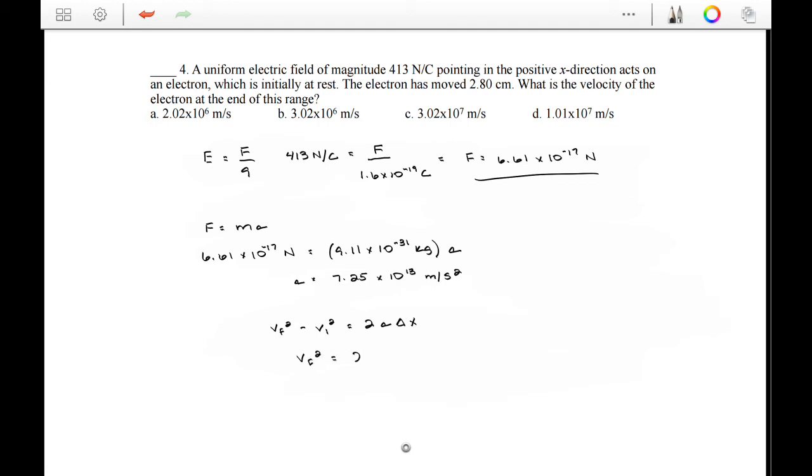And then that will be 2 times my acceleration, 7.25 times 10 to the 13th. And then my delta x, it says the electron has moved 2.8 centimeters. We're going to want to convert that to meters just for consistency of units, so that will be 0.028 meters.